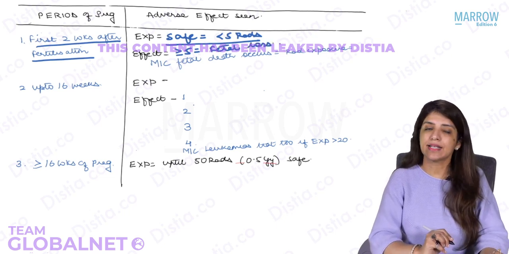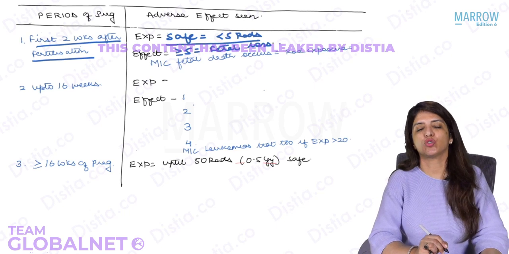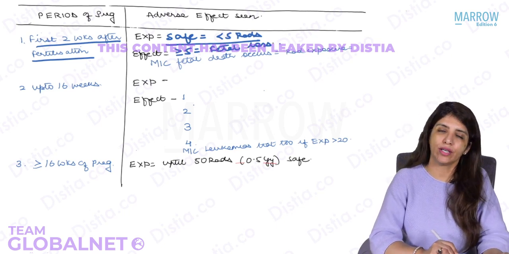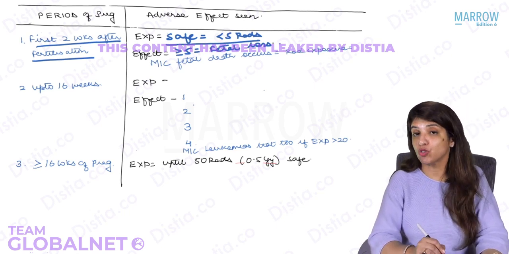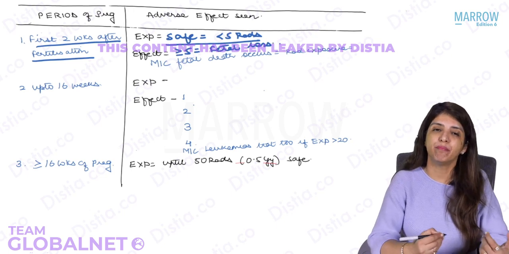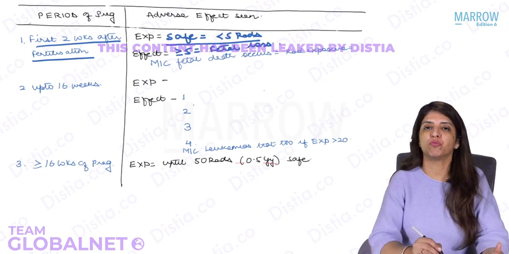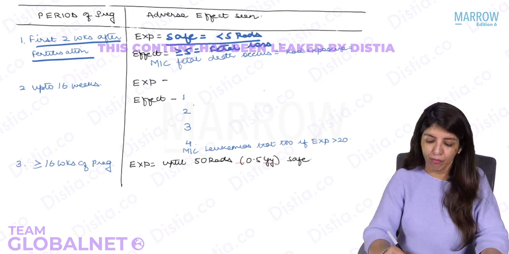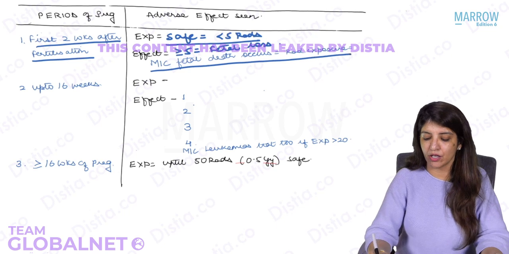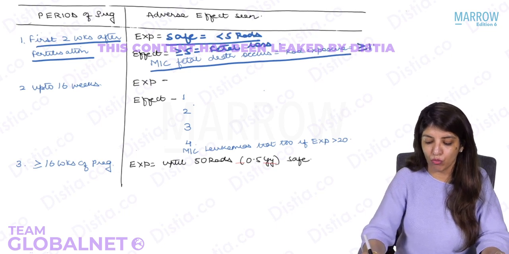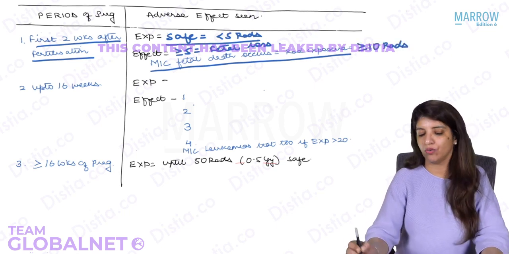As I told you, in this period, it has to be an all or none law. Either the fetus is going to escape injury or it is going to completely abort. So if exposure is more than 5 rads, then there are chances of fetal loss, although most commonly fetal death occurs when radiation exposure is more than or equal to 10 rads.